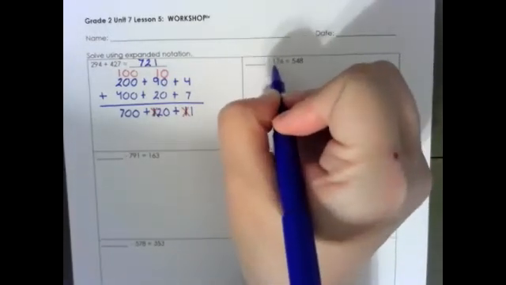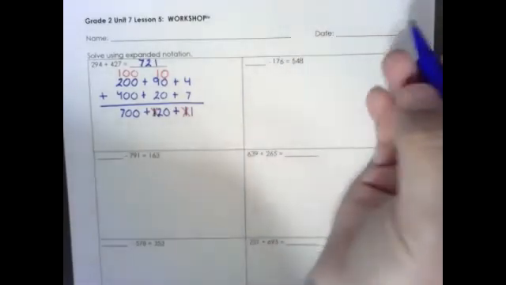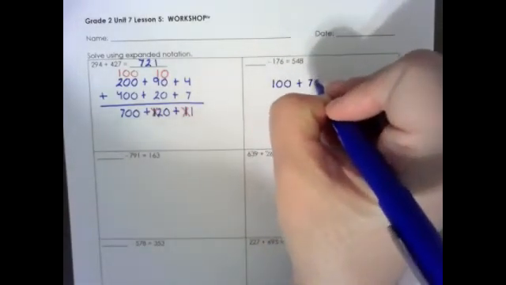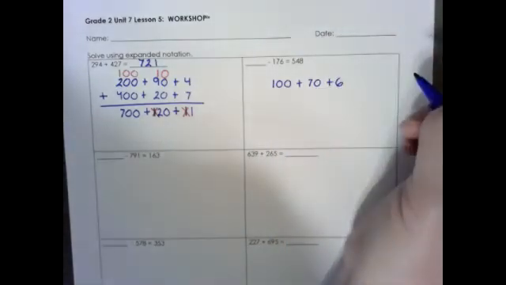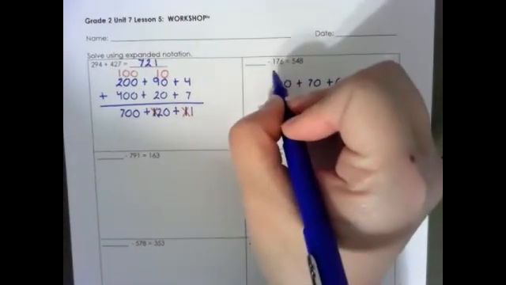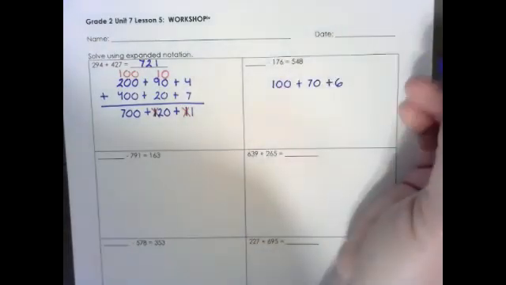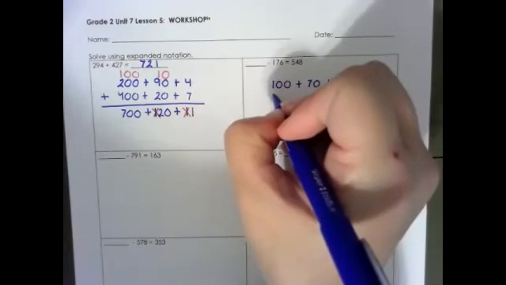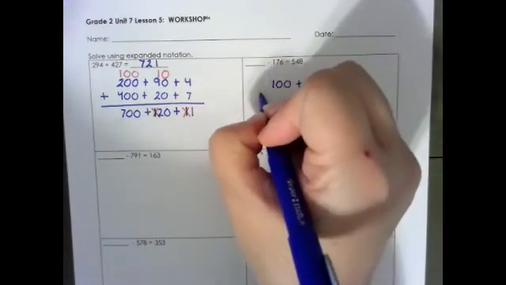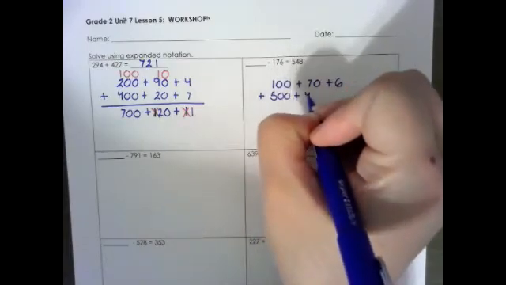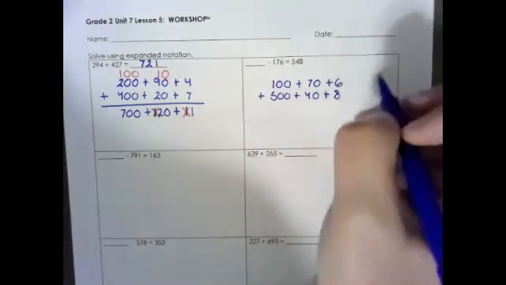Let's look at the first number, 176. 100 plus 70 plus 6. That's one part. We need to add this part to get that whole number that's missing. We are adding 500 plus 40 plus 8.